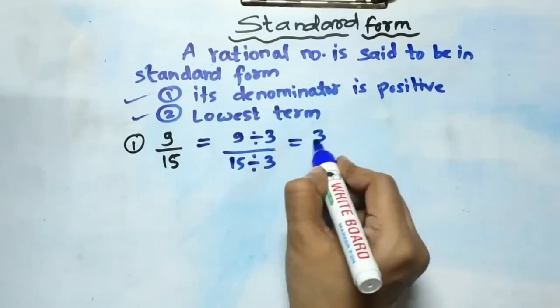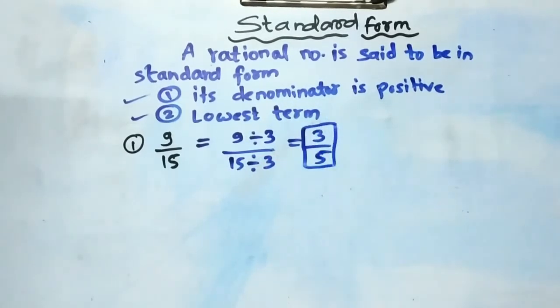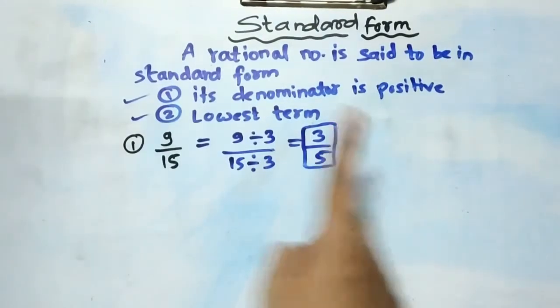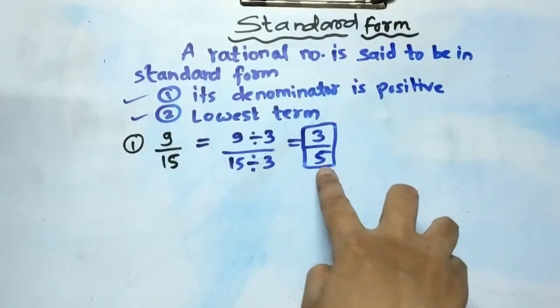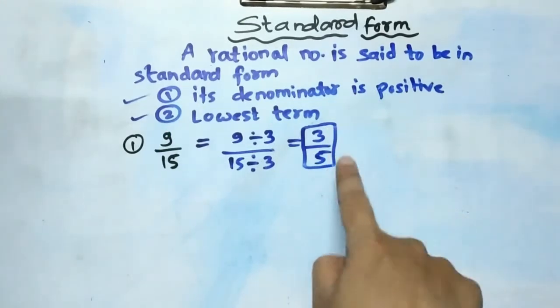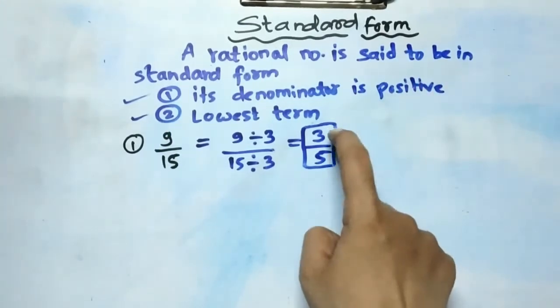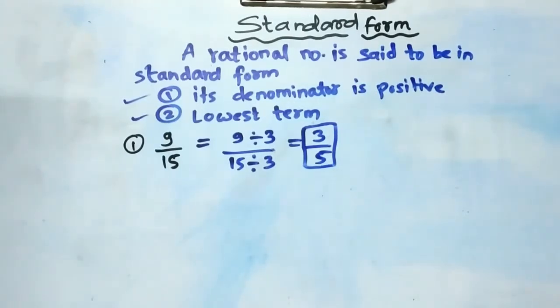Here I'll get 3 divided by 5. Now friends, this 3 by 5 is a standard form of this 9 by 15. Why? Because it satisfies the two conditions. Its denominator, 5, is positive, and 3 and 5 have only the common factor 1, not any other number.